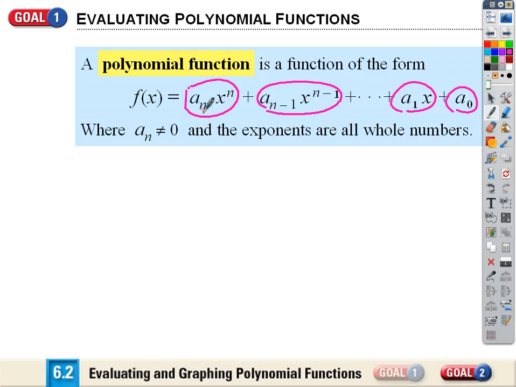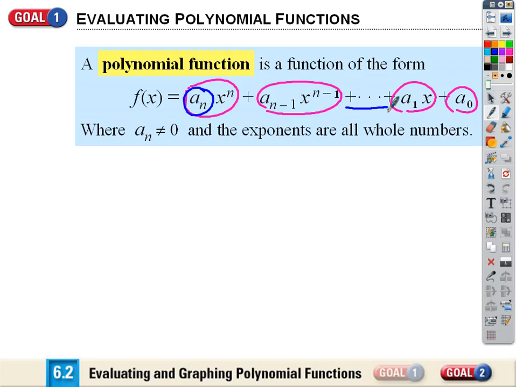It's just saying that whatever this number is out in front, that n tells us that this is the number that gets attached to x to the n. Notice that these step down by 1 each time. If the first power of x is n, then the second power of x would have to be n minus 1.